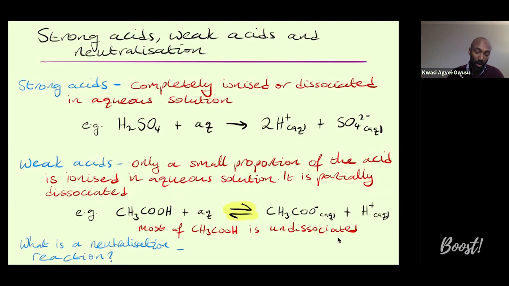So we've got an H plus aqueous ion reacting with an OH minus aqueous, and this results in the formation of water. So at the heart of any neutralization reaction involving an acid and an alkali is the formation of water. Okay, so H plus ions neutralized by OH minus ions to give you a water molecule.